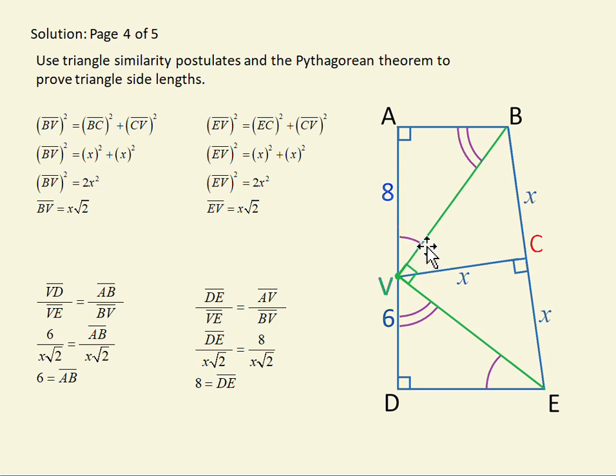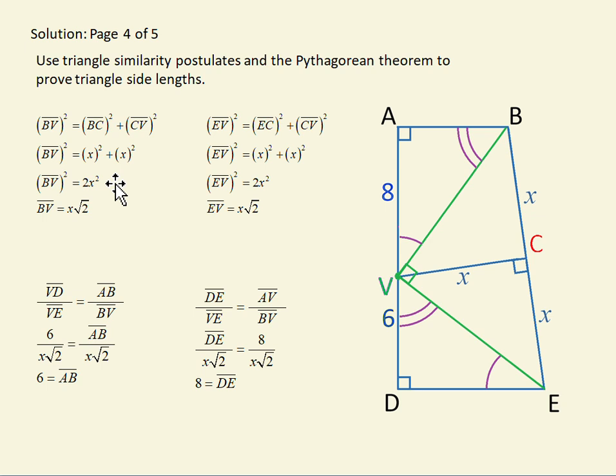BV, that is this green diagonal on the top piece of the trapezoid. It's going to be the sum of BC squared and CV squared. And we call BC and CV both x. So now we have BV squared equals 2x squared.